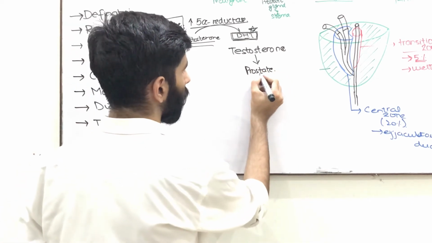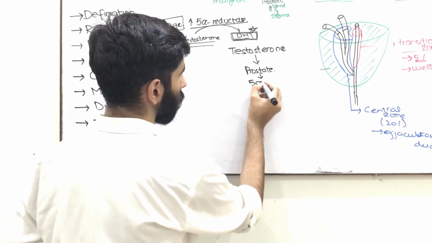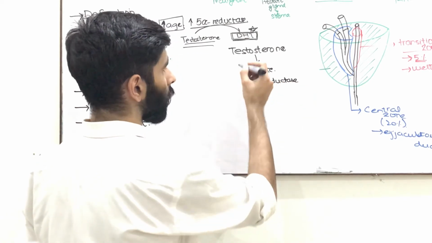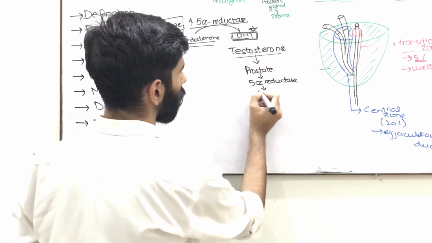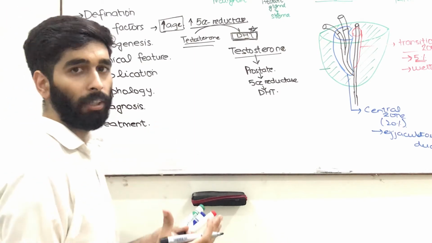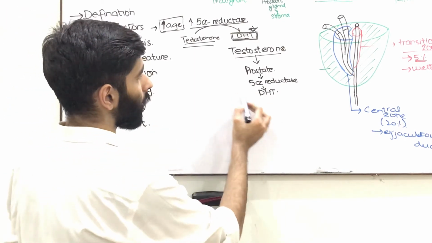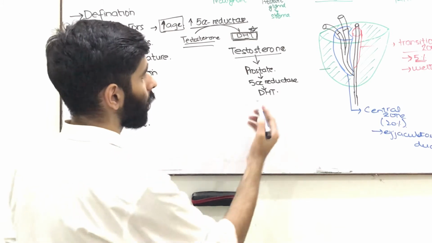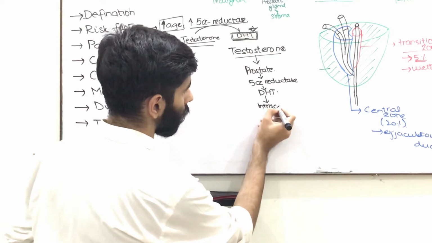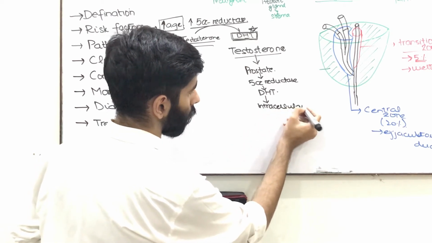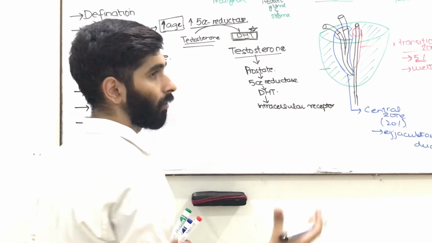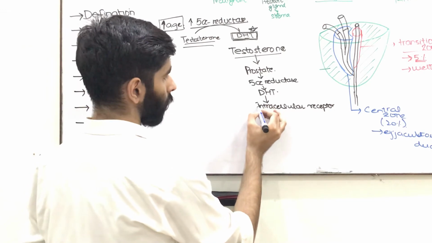The prostate gland has an enzyme called 5-alpha reductase, which converts testosterone into dihydrotestosterone. As I already mentioned, dihydrotestosterone is many times more potent than testosterone. It binds with the intracellular receptors, which are present within the cells.